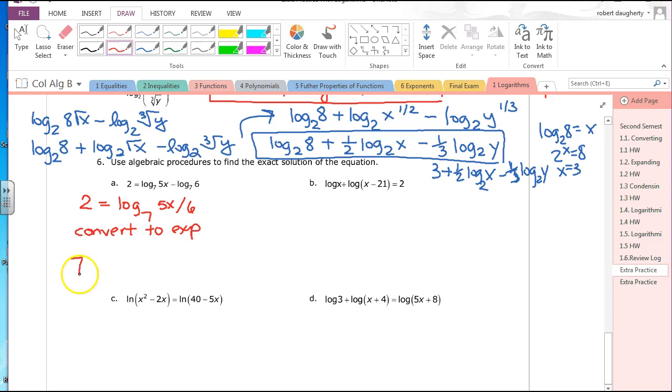Okay, that means that 7 squared equal 5x over 6. That means that 49 equal 5x over 6, which means that 5x equals 6 times 49. That is, what, 300 minus 6, 294.